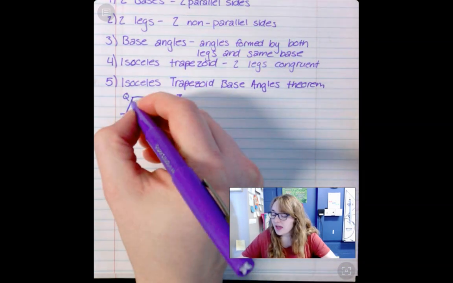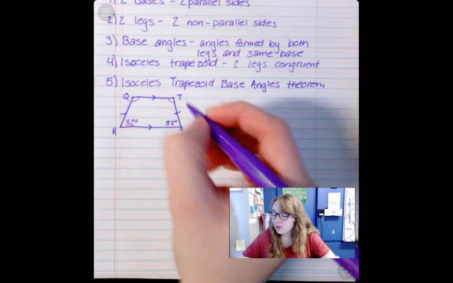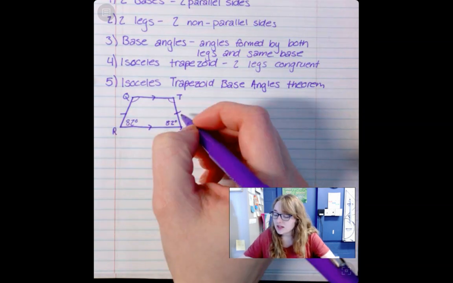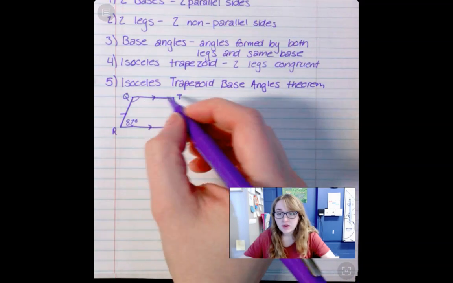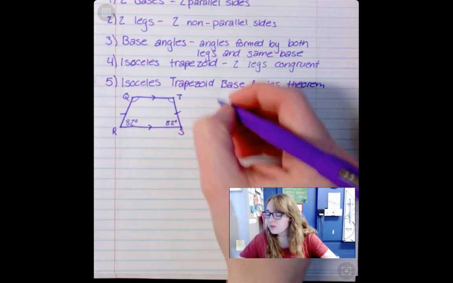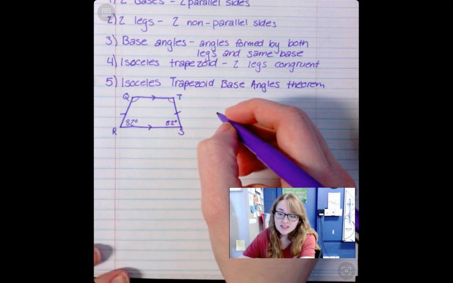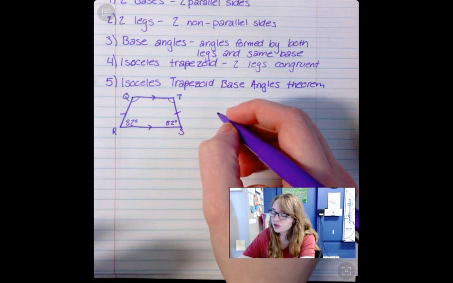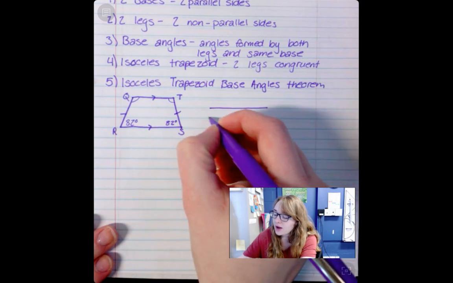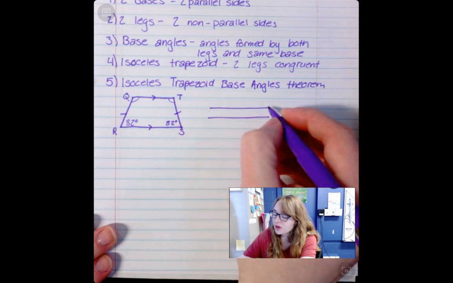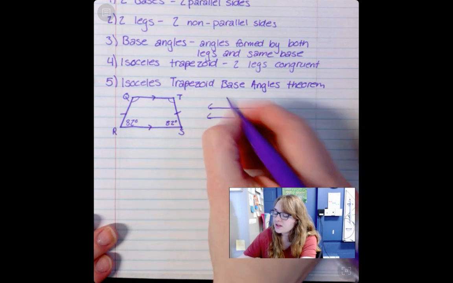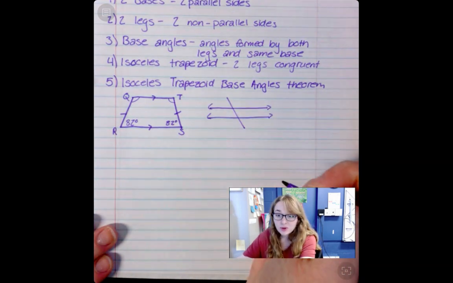Okay, now we can find Q and T, but I want to point out first that they are congruent because again, we have an isosceles trapezoid and they are both touching the top base here. Okay, the way that we're going to find Q and T, which are the same measure, they are congruent, is we are going to think way, way, way back to chapter 3 last semester, where we had two parallel lines and a transversal cutting through them.